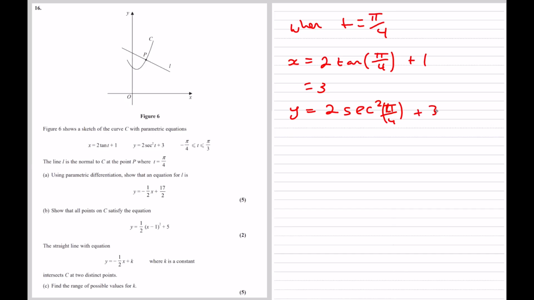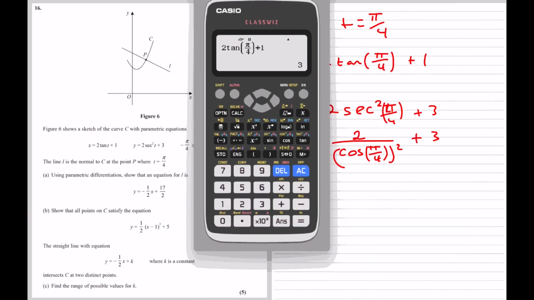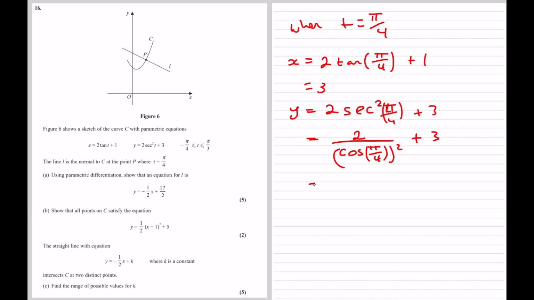So sec is 1 over cos. Let's have 2 over cos pi over 4 squared plus 3, and that is 7. So we've got 3, 7.